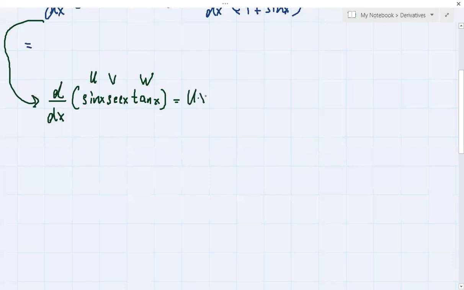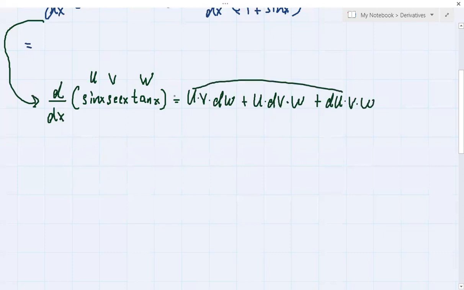So, magiging U times V times the derivative of W plus U times the derivative of V times W plus the derivative of U times V times W. Yan yung formula niya. That's the easiest way to basically get the derivative of a term that has three functions altogether.